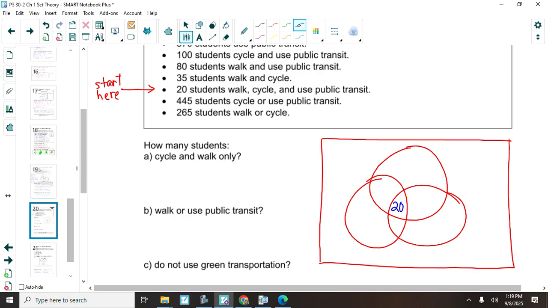Actually, first let's label. I have cycle. I did mine just this way, but it doesn't matter which way you do it. You just have to rotate your circle around. So if this is cycle, I'm going to do walk here, and public transit here.